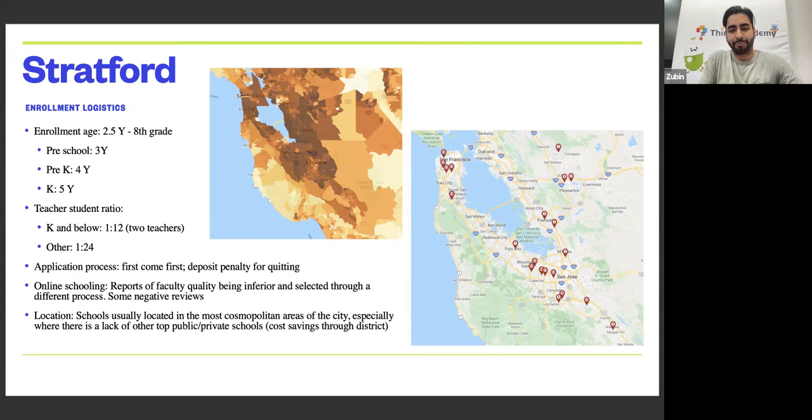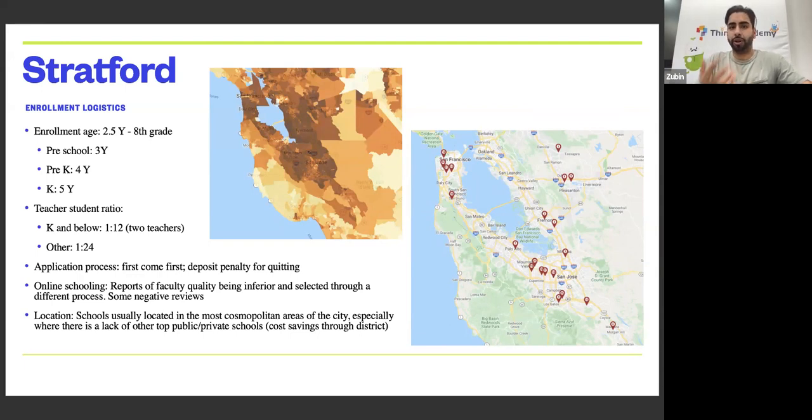Stratford usually ends up in very metropolitan, very cosmopolitan areas, so in Palo Alto, San Francisco. But this is a plus for parents who haven't purchased housing yet: Stratford usually goes into areas where there is no other top public or private school. So basically no other schools to compete with, but they are still busy areas.